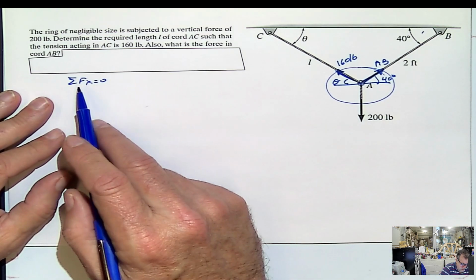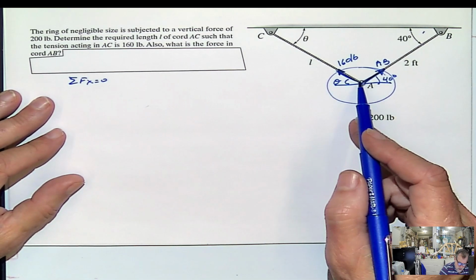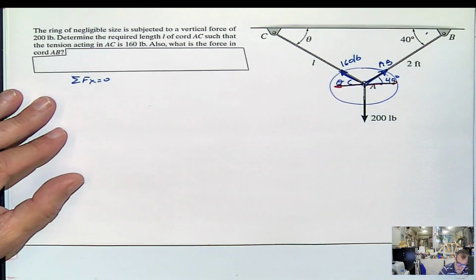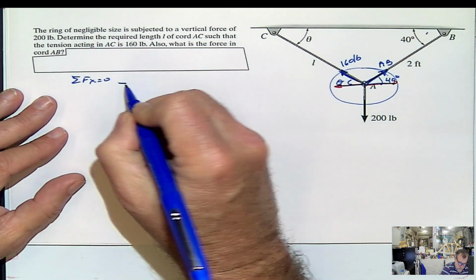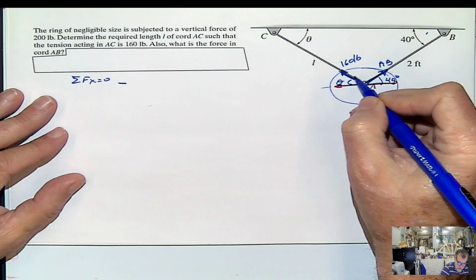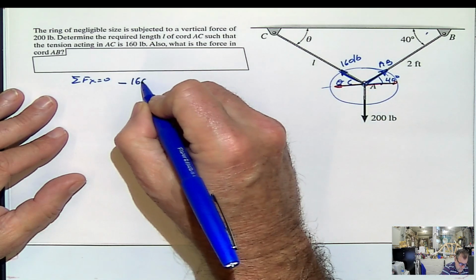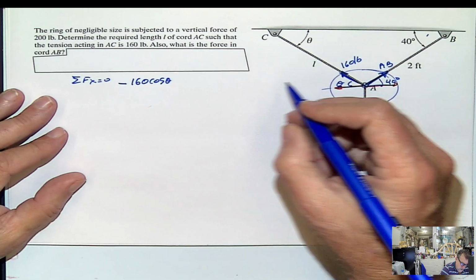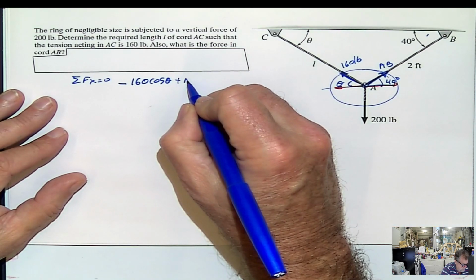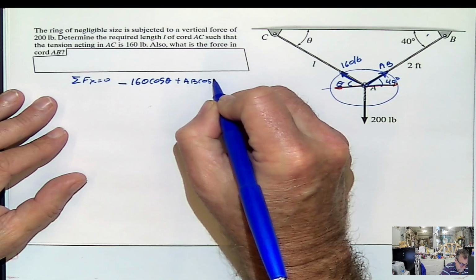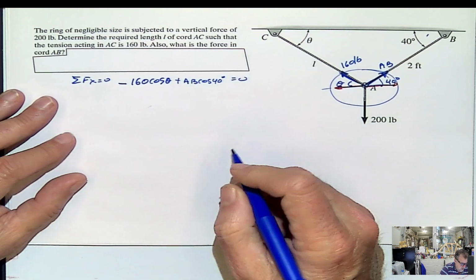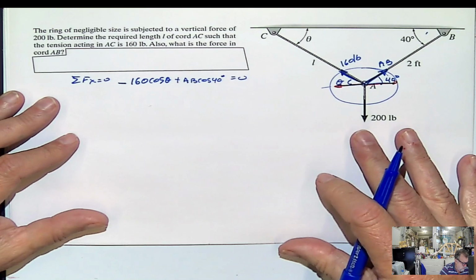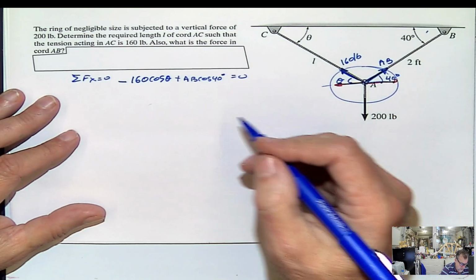Good. Anyway, summation of forces in x equals 0. So I have this x component and this x component. That will be minus, to the left, 160 cosine of the angle, plus, to the right, AB cosine 40, equals 0. And I'm going to solve here for AB because I'm going to need it for working with the system of equations.